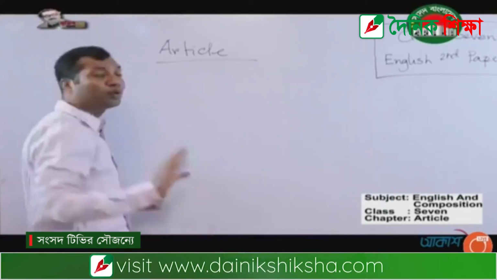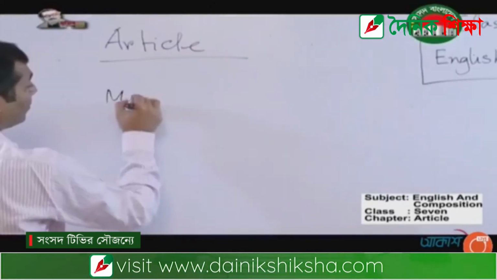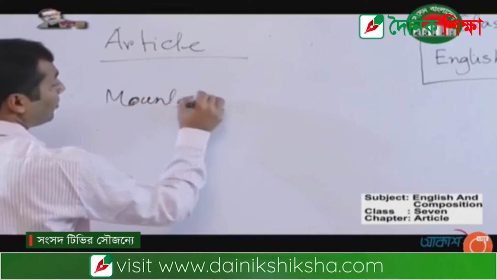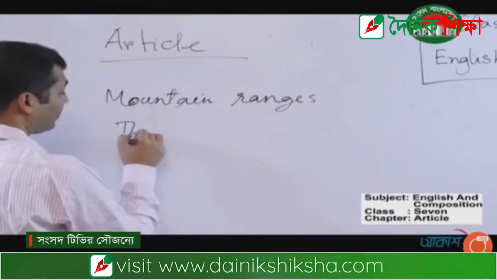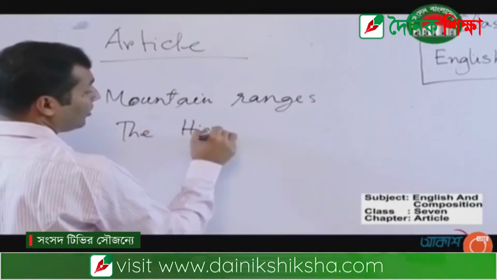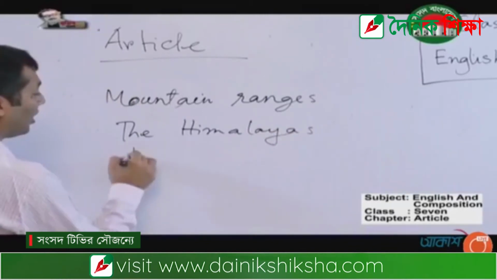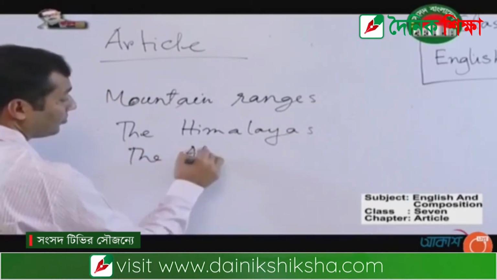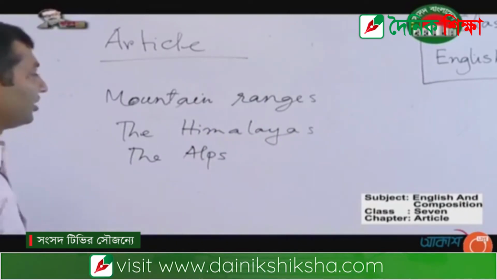Mountain ranges, a group of mountains together. For example, the Himalayas, the Alps. So these are the mountain ranges.